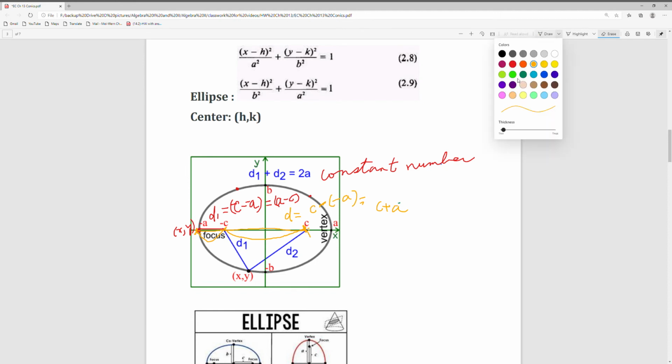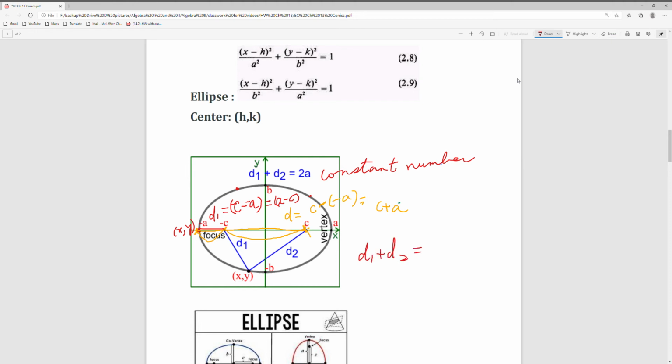Therefore, d1 plus d2 is a minus c plus c plus a, and you cancel out the c. So it equals 2a.